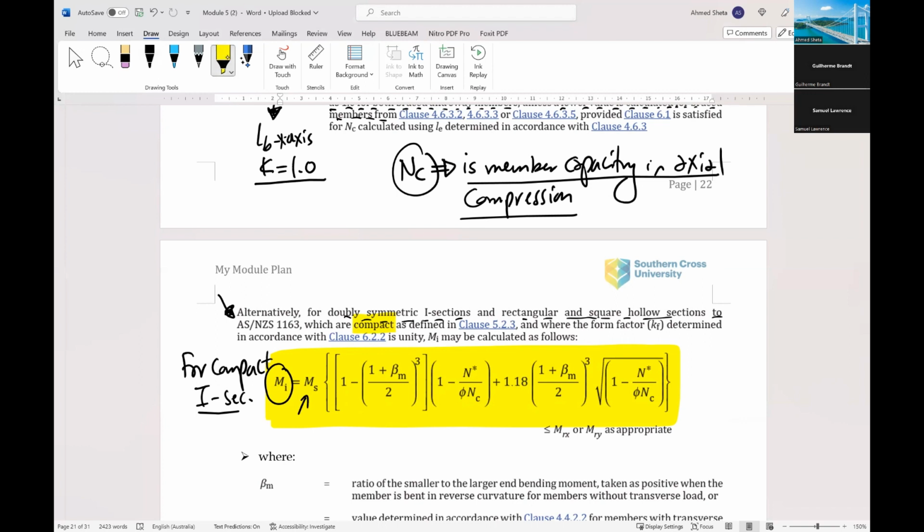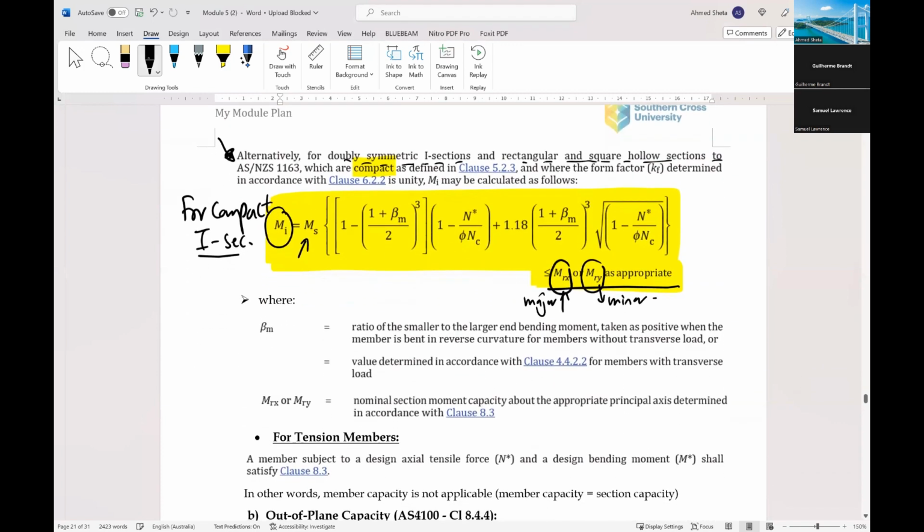And there is a condition here that MI cannot be more than phi MRX or MRY as appropriate, so if it is major axis or minor axis.